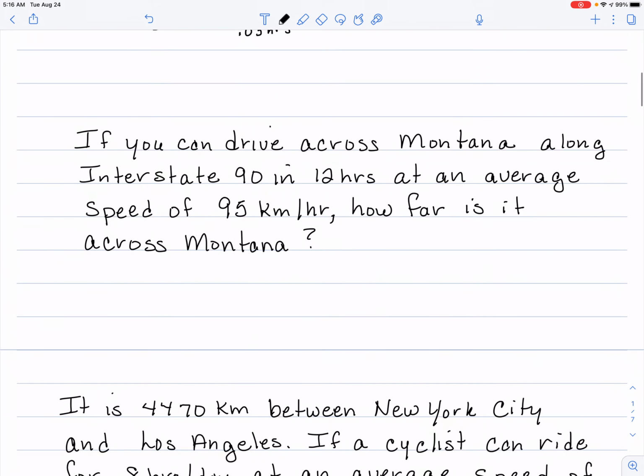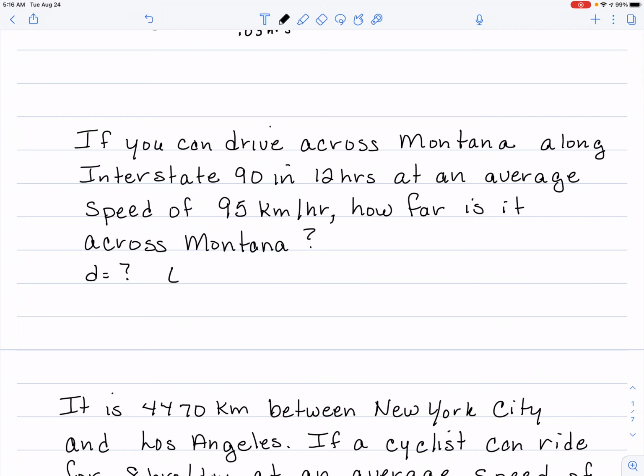Okay. This one, if you can drive across Montana along Interstate 90 in 12 hours at an average speed of 95 kilometers per hour, how far is it across Montana? Okay, we start with our list, so we're looking for distance, how far.